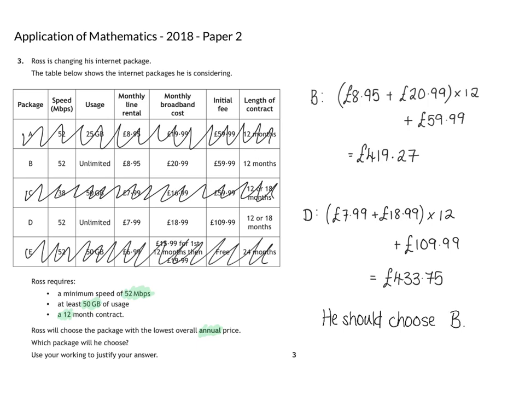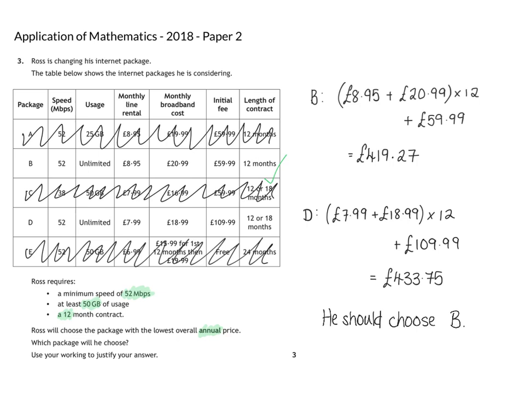So marks for this question. Our first mark is for eliminating the packages that don't work, so getting the fact that it's just B and D that we work out. Our second mark is for calculating the total cost of one of the packages.